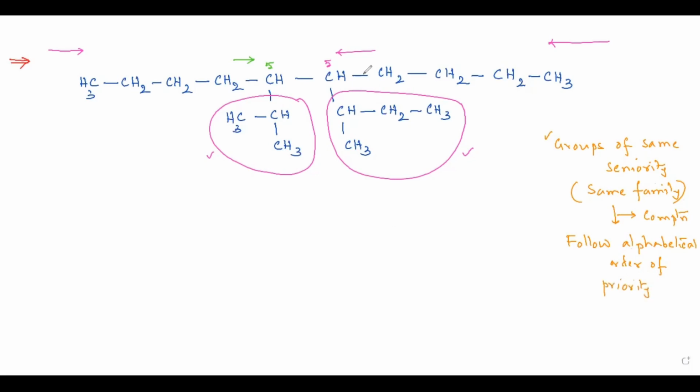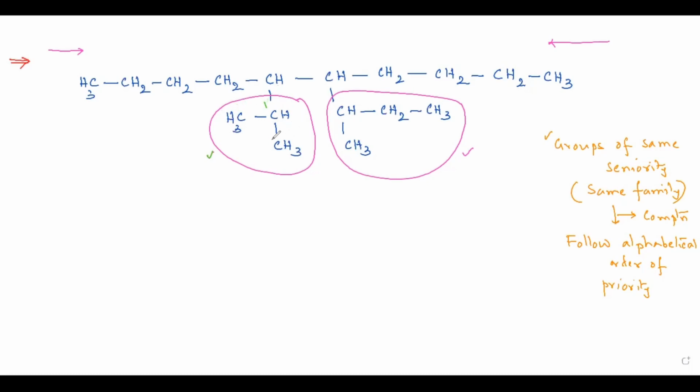Okay. Now let us check the names of these two. Forget about giving numbers from which end. Whatever it may be, this is something which is attached here to the parent. So either I can go this way, giving 1' and 2' numbers.